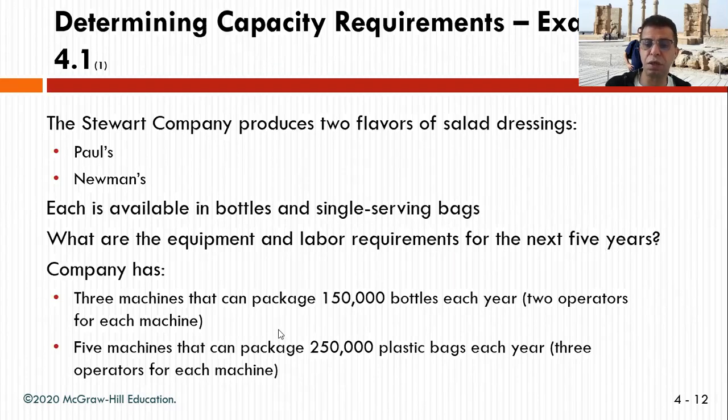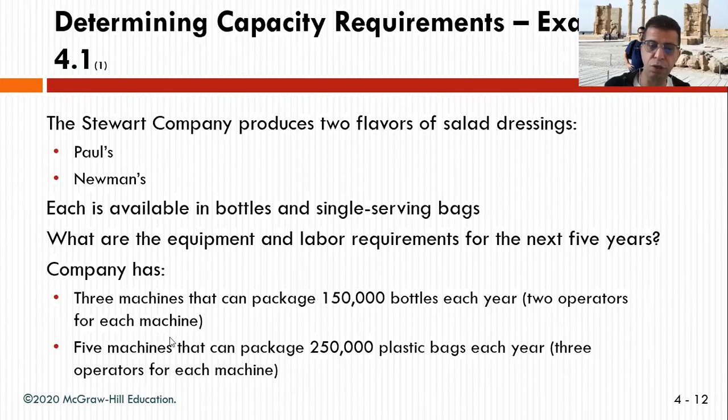So the first step, you need to know your capacities and the sales prediction. In the line of capacity, we have 3 machines that can package 150,000 bottles each year, and we need 2 operators for each machine.